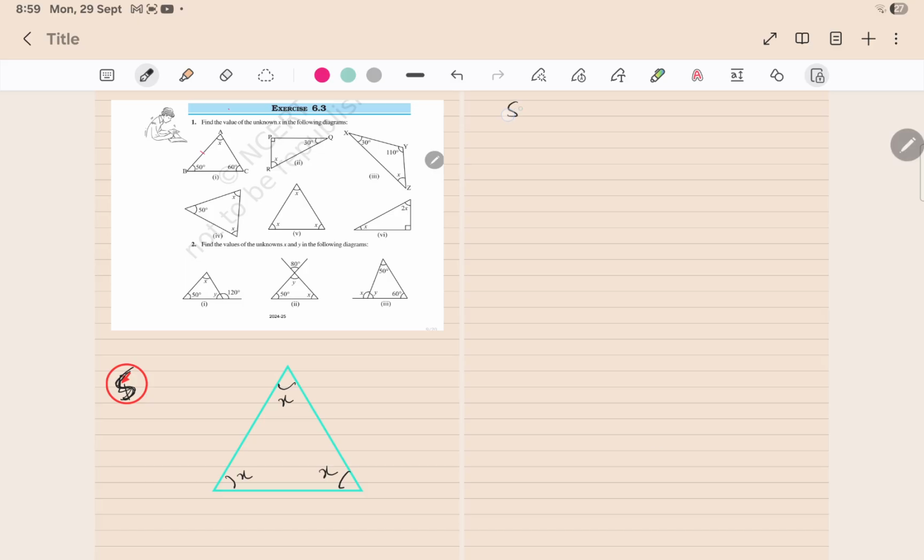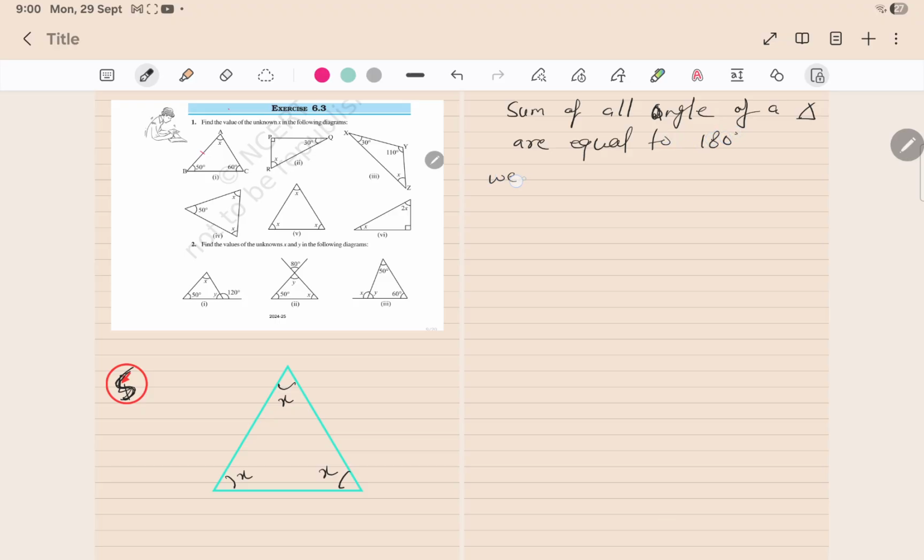The sum of all angles of a triangle is equal to 180 degrees.